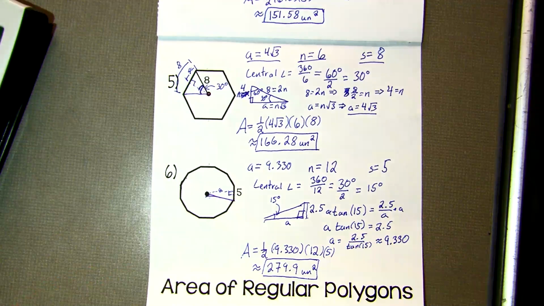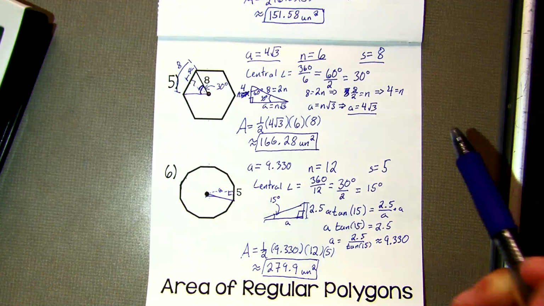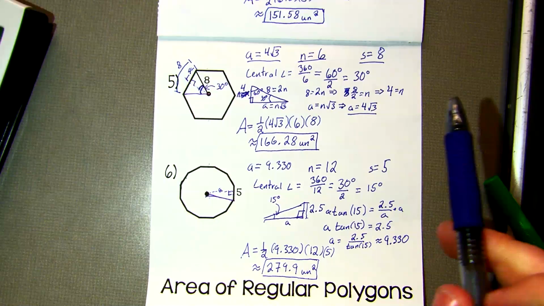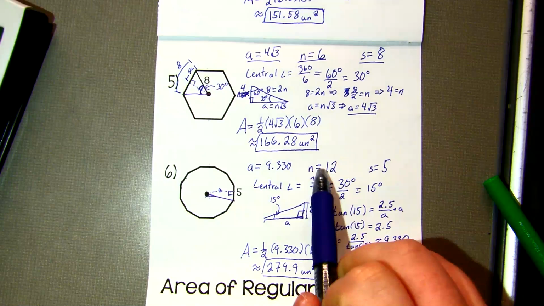So again, the general format for something like this is to write out what variables you know and don't know at the top. You'll always be able to find at least your n.